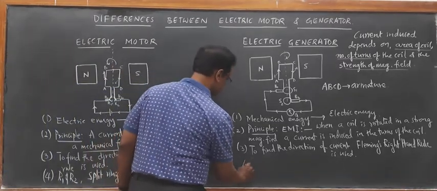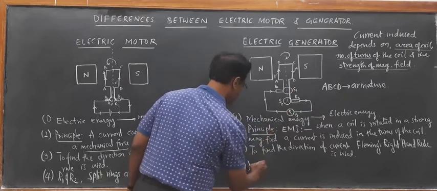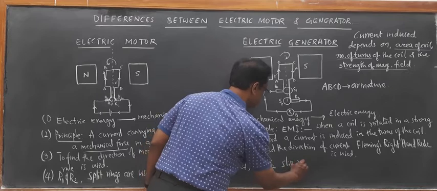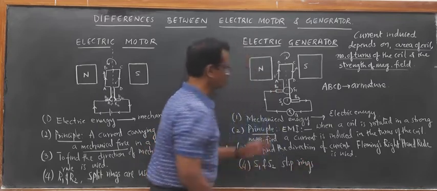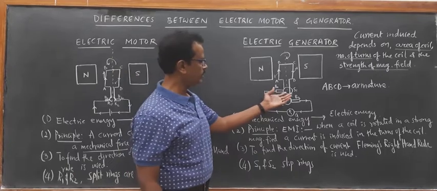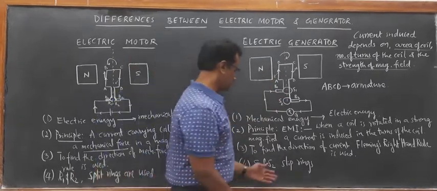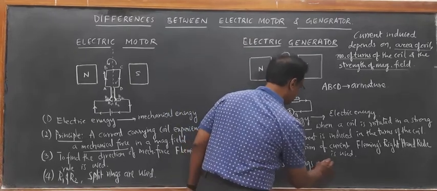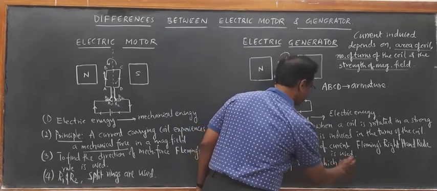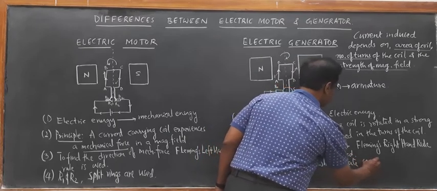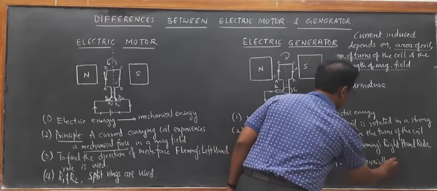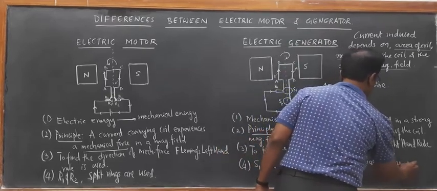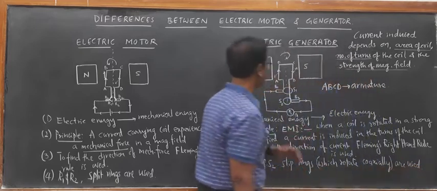Here, S1 and S2 slip rings are used. Two separate rings which can rotate coaxially. S1 and S2 slip rings, which rotate coaxially, are used in the generator.